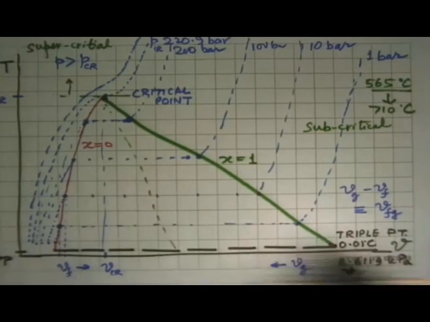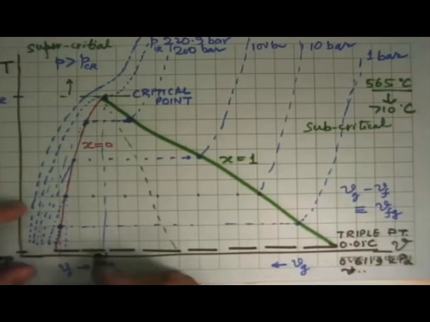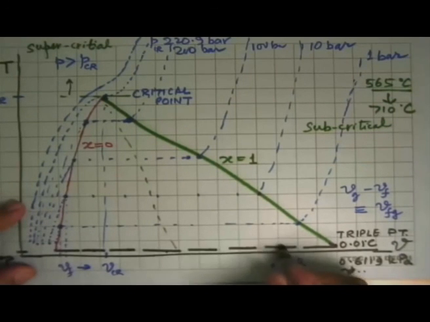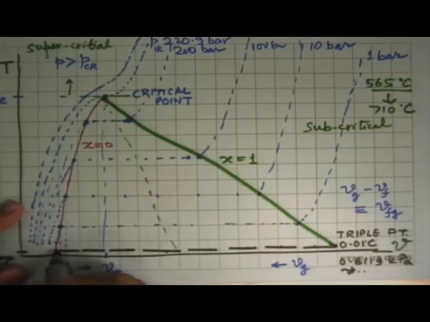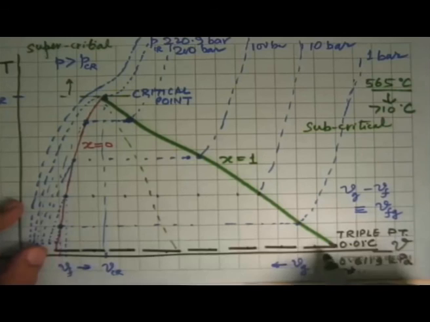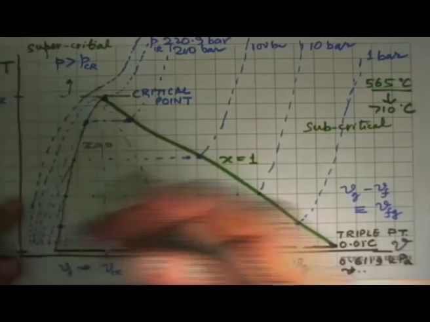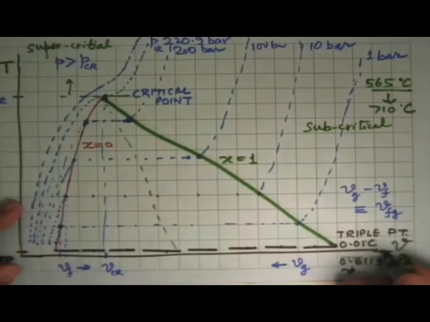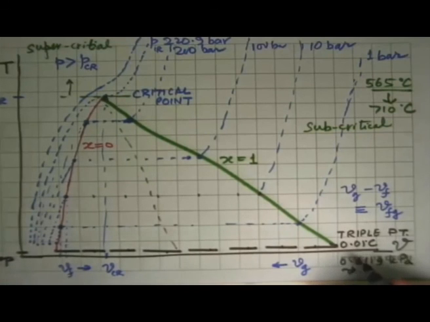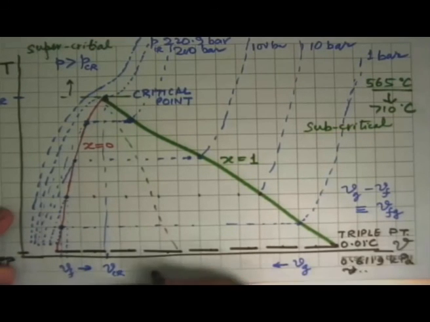So the triple point line and all these states are all triple point states, which means that there will be solid plus liquid plus vapor existing on this line. And if you go to temperatures below the triple point temperature, there is no possibility of a liquid. You will only have solid plus vapor formation.